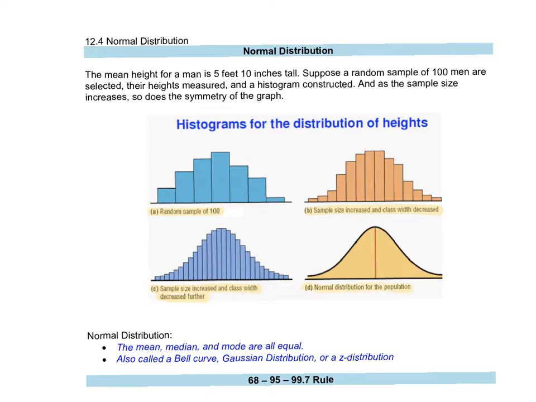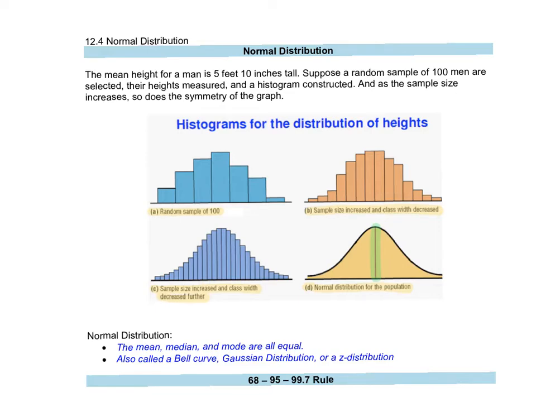If this is how our data is distributed in our histogram, then this is what we call a normal distribution. So in a normal distribution, you have your mean right in the middle, and you see that half the data is above, half the data is below, or it looks like this really nice curve. If you were to fold that graph along the mean, the two sides should match up.